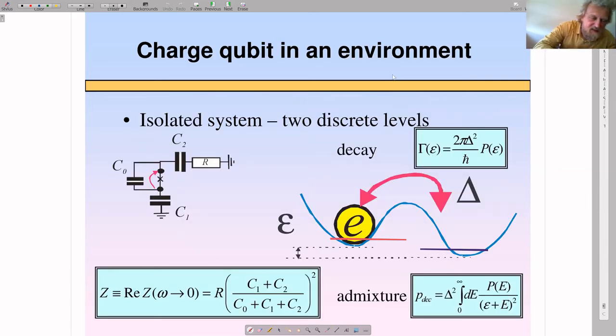Let me first modify it in a rather obvious way. I don't want to have tunneling between two leads. I want to keep the charge on two islands. There is tunneling between two islands, and there are various capacitances associated with these islands.